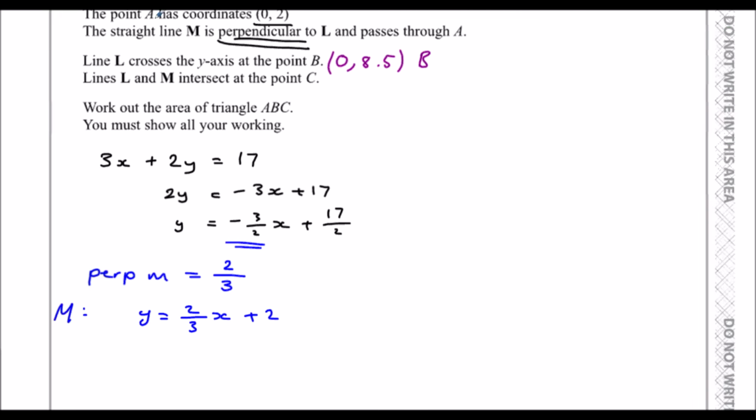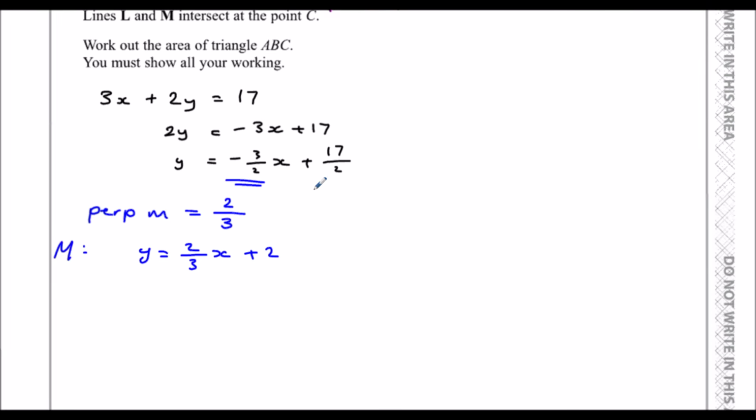So we've got point A that we know. Point B, we know. We need point C, and that's where L and M intersect. So we're going to find the intersection of these two lines, L and M.